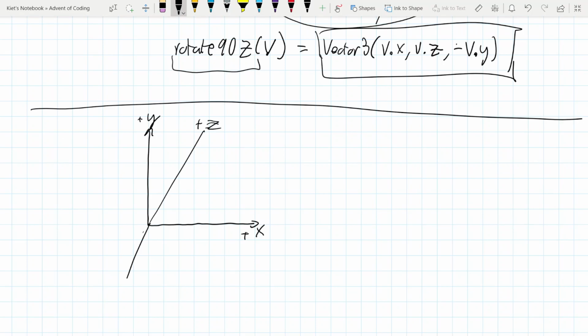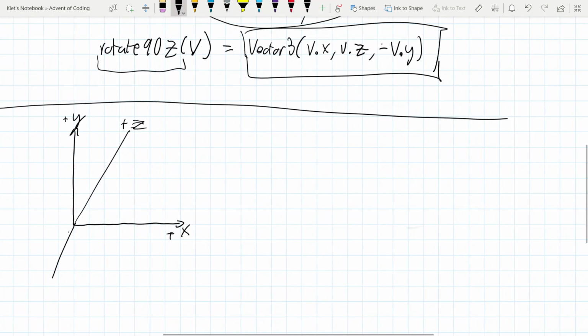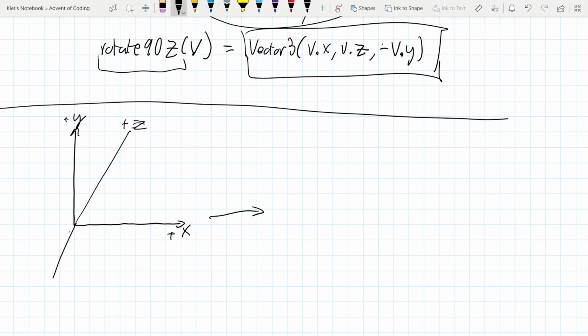Okay, so say that we want to flip the x. What does that mean? Well, if we flip the x, then we do something like this. So this becomes the positive x now. This is the negative x. This is the positive y. This is the positive z.